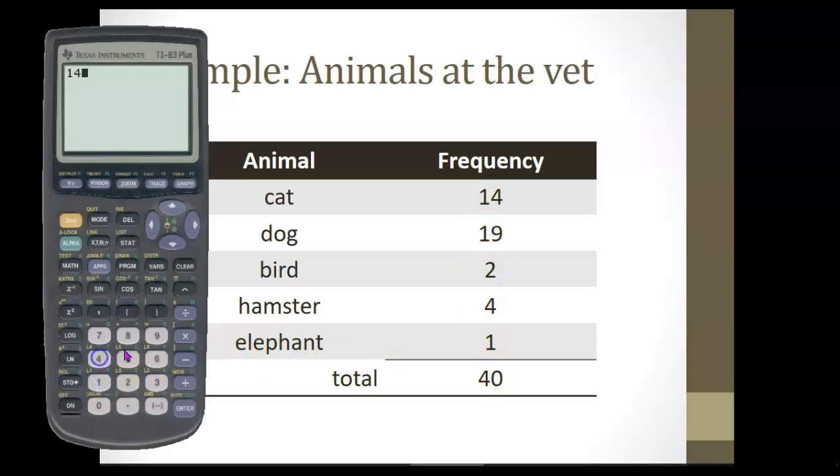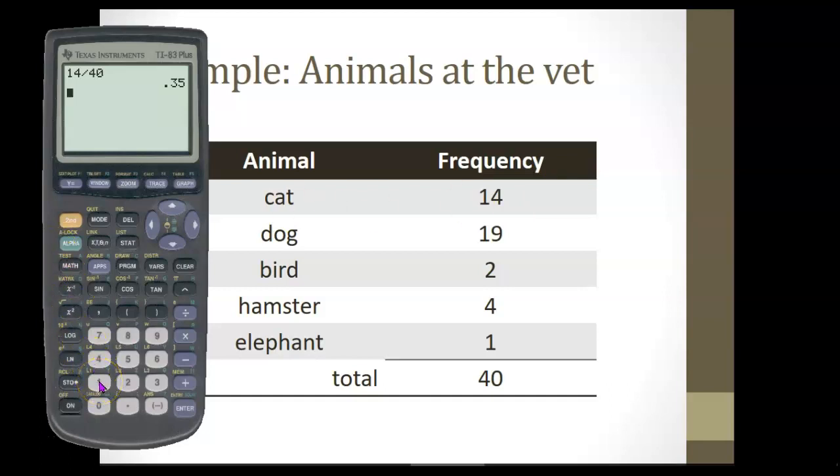So 14 divided by 40 is 0.35. If I wanted to write it in decimal form, it would just be 0.35, or if I wanted to write it in percent form, it would be 35%. So out of all the animals we were looking at, 35% of them were cats.